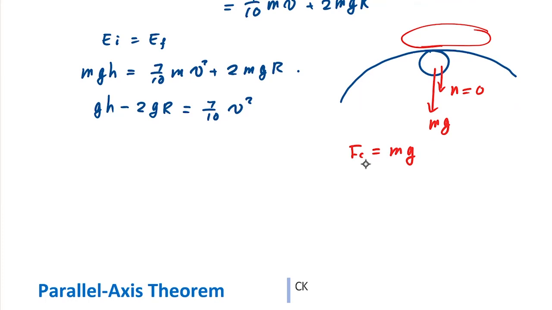Okay, now centripetal force, of course, is a fictitious force. Some real force is acting as a centripetal force, correct? So centripetal force mv squared over r is equal to mg. Good? That means v squared, m's cancel, is equal to gr. Good?